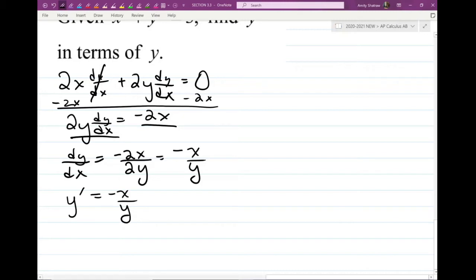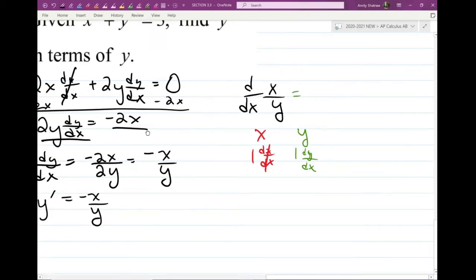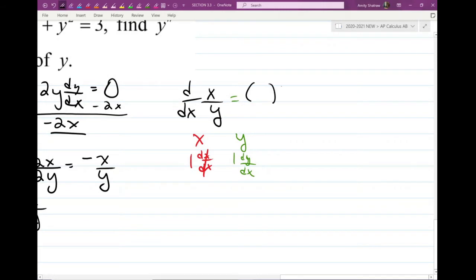So what I want to do right now is just finding the derivative d dx of x over y, because negatives mess me up and I don't need them in my life, all right? So if I take the derivative of x, I will get a 1 dx dx, which I can cross out. And when I take the derivative of y, I get 1 dy dx. And so my derivative of these two things, remember how the quotient rule works, something times something minus something times something over something being squared.